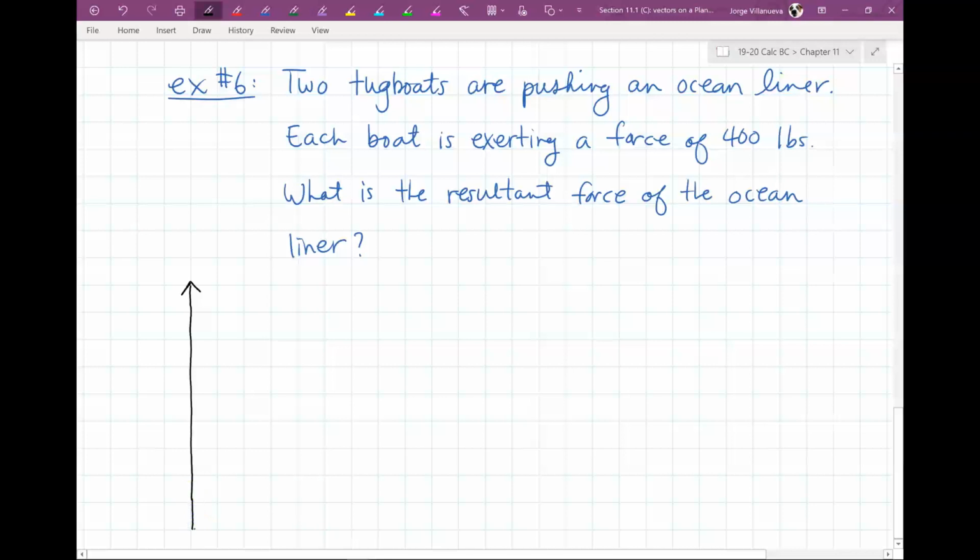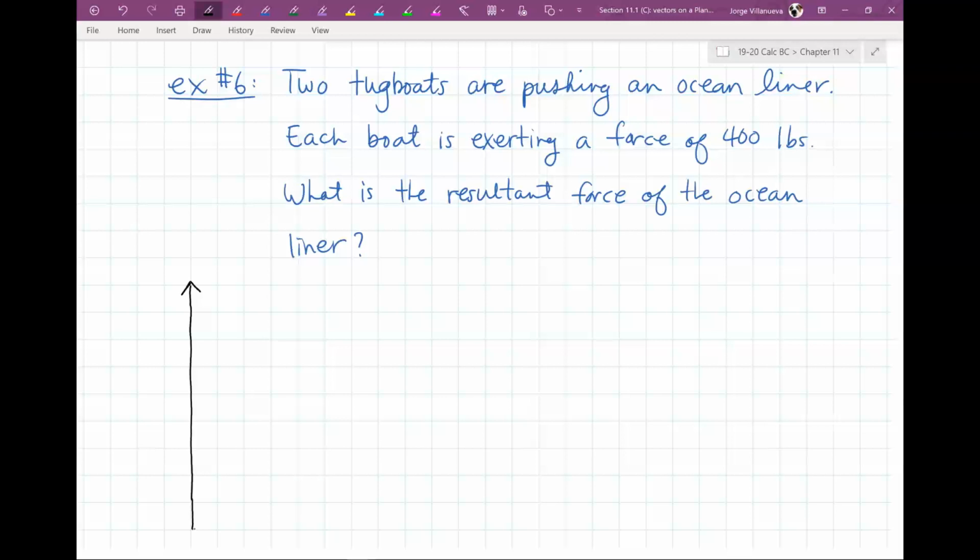A tugboat. Have you ever seen these big old ships, and sometimes they have to get these ships to move sideways out of a dock? They can't just drive straight. Some boats actually have the capability to put their engine sideways so they can push off. But tugboats are smaller boats that have a whole bunch of power, and they get to the side you're trying to push over. They almost have bumper boat looking things in the front, and they just go up to the ship and gun it, and they start to push the ship away.